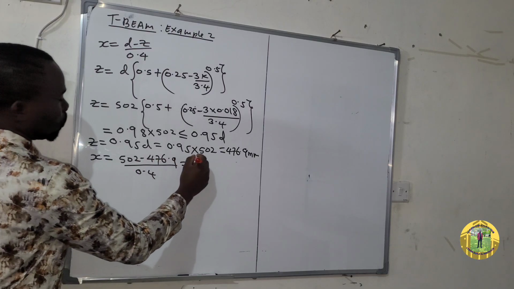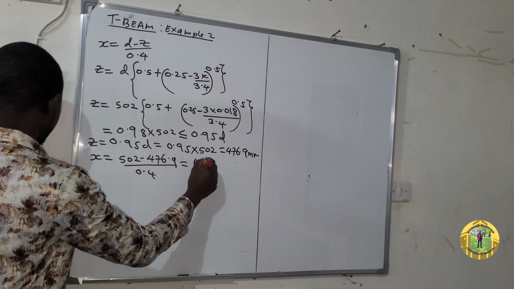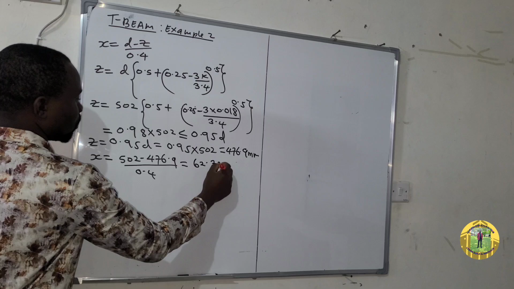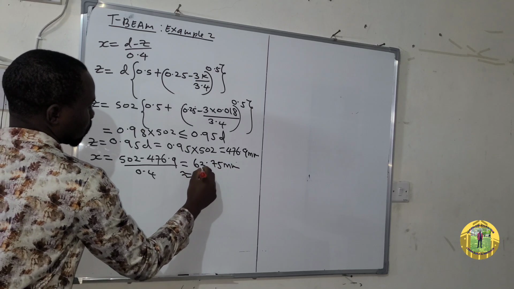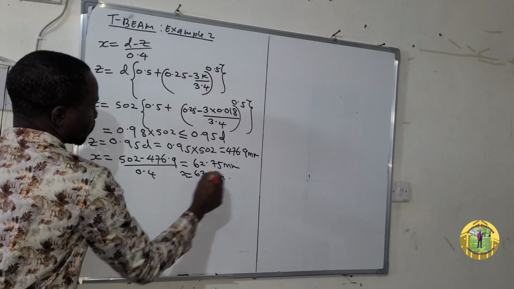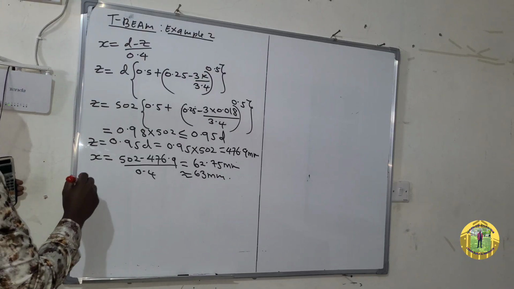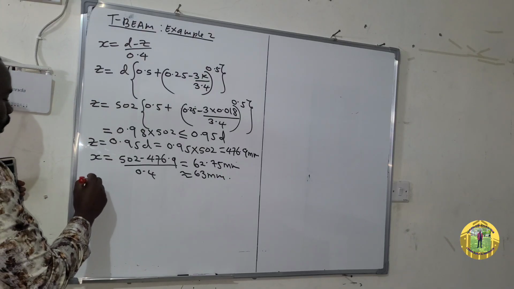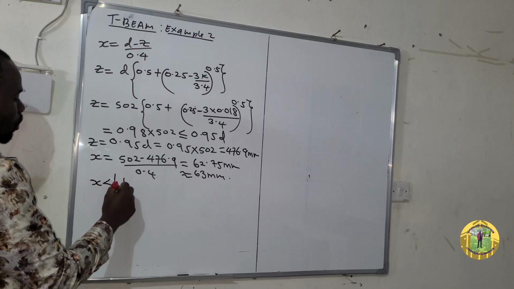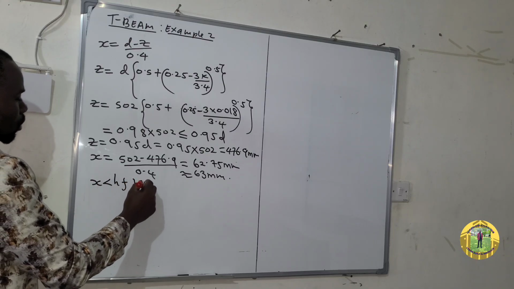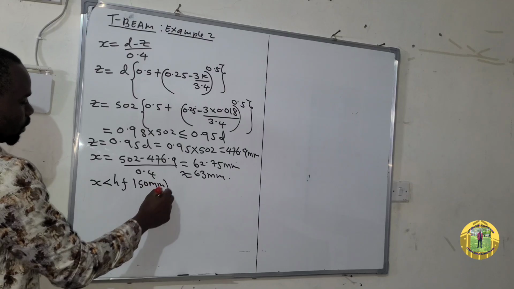So this is 62.75 millimeters, or 63. It therefore implies X is less than HF, which is 150 millimeters.